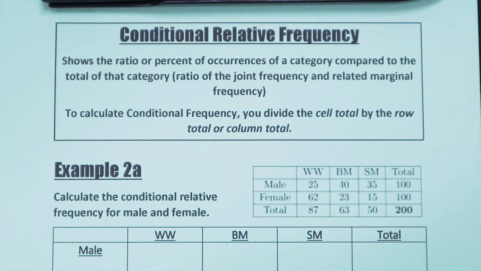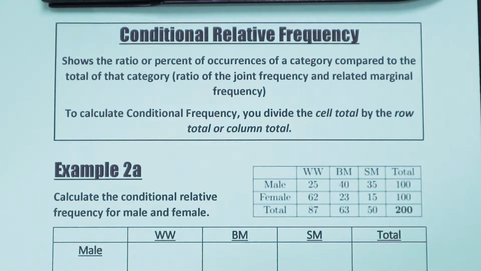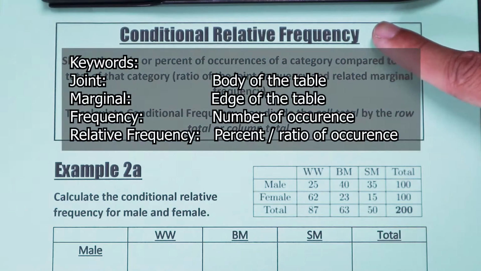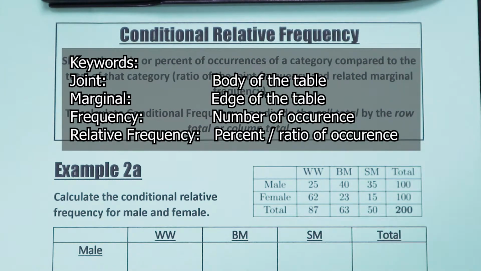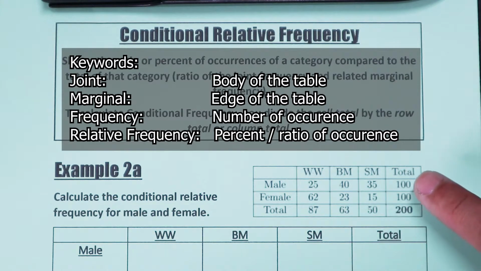The next thing that you're going to learn is something called conditional relative frequency. What is the difference between frequency and relative frequency? Frequency is just a number of occurrences, such as the numbers that we just saw. Remember, the middle part is the joint frequency, and the row totals and column totals are the marginal frequencies.